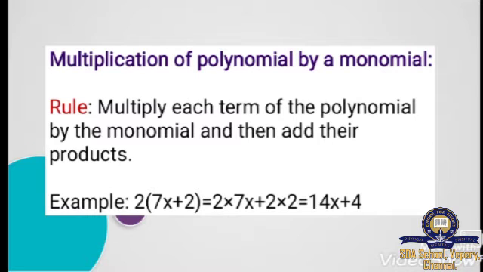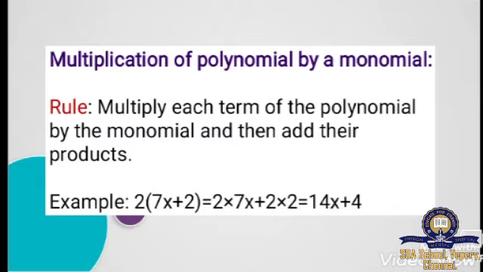Next we move on to the multiplication of a polynomial by a monomial. In this we have a rule: multiply each term of the polynomial by the monomial and then add their products. For example, 2 into 7x plus 2. According to this rule, first we multiply by the monomial.